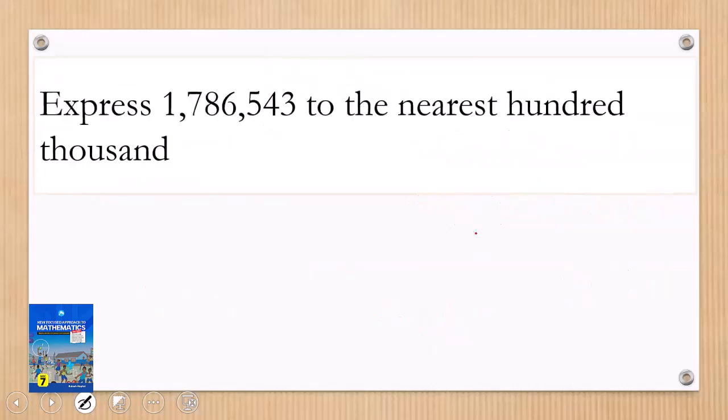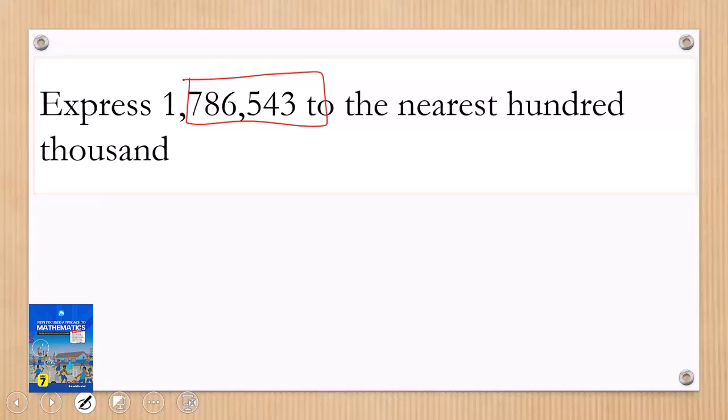Okay. Now let's do the last one in terms of 100,000. Express this number, 1,786,543, to the nearest 100,000. Our 100,000s start from here. So this part of the number is 786,000. That's where we see our number.